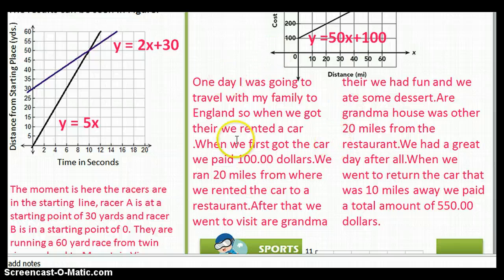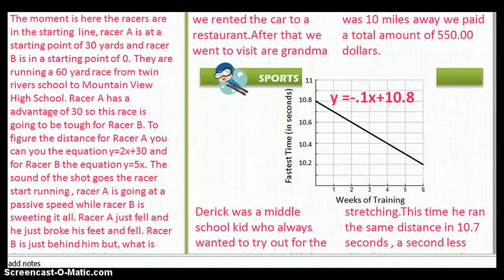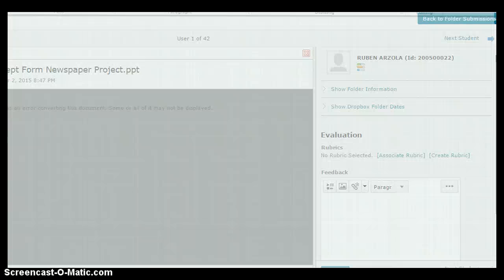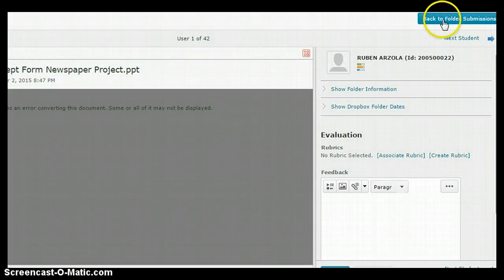And this story over here is talking about renting a car. They paid $100, which is the y-intercept, and $50 per mile. So the total amount was $550 for 20 miles. Okay, we can look at another one.